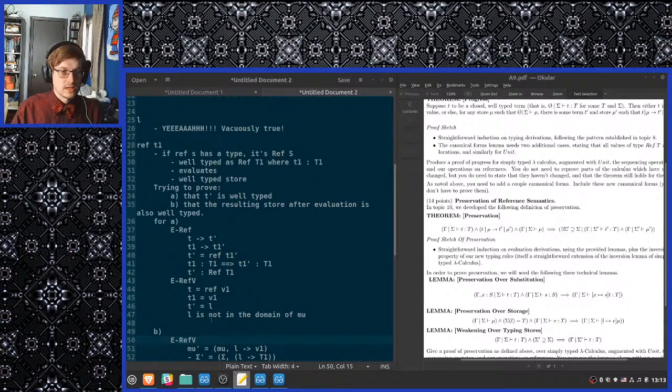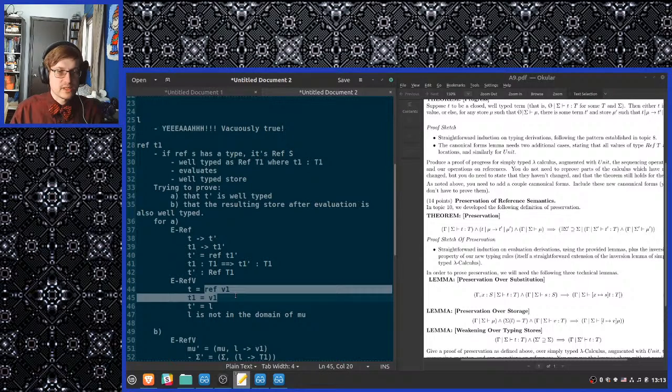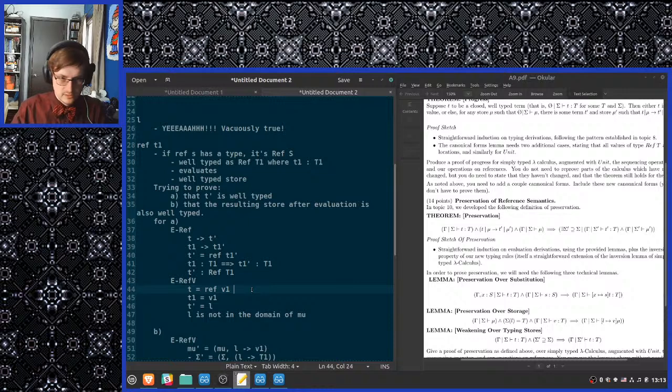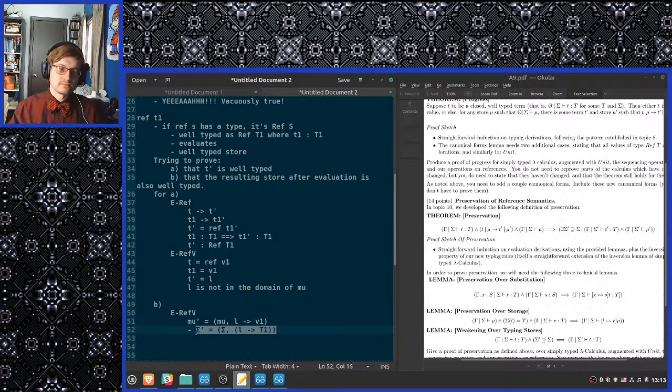So, for the evaluation, basically what we're trying to show is that the location will have the same typing as this, right? All you have to do is hypothesize the existence of this same sigma prime.